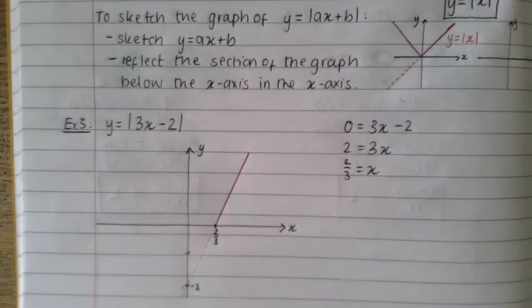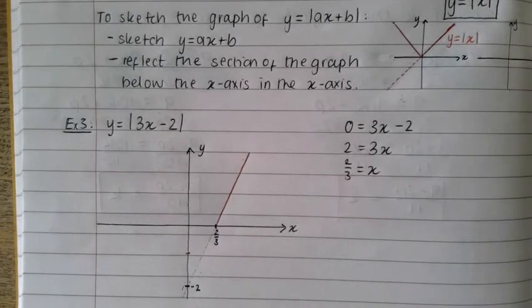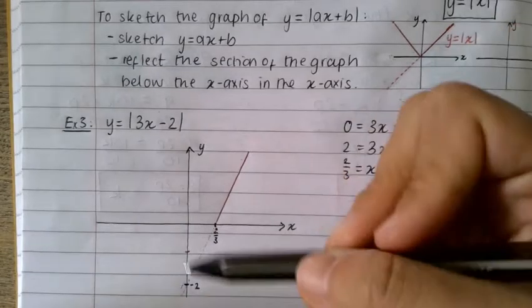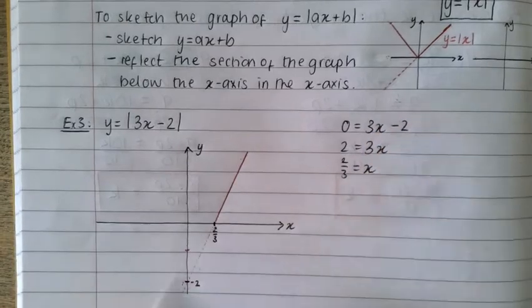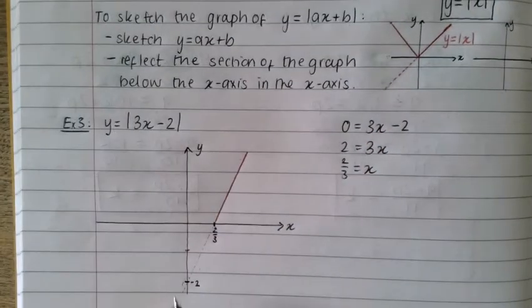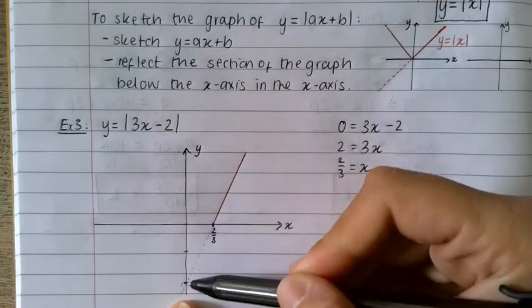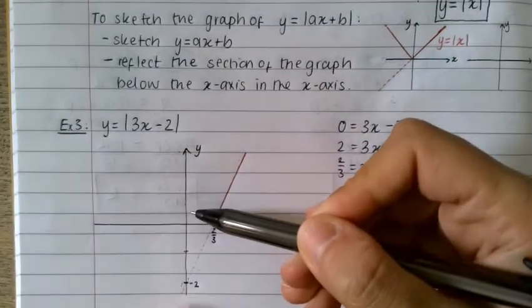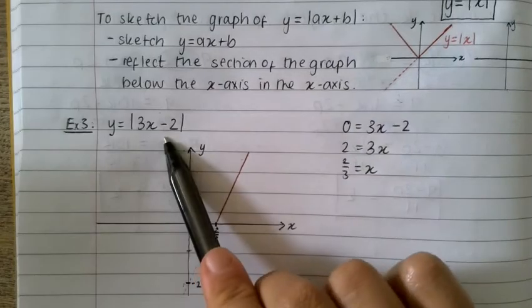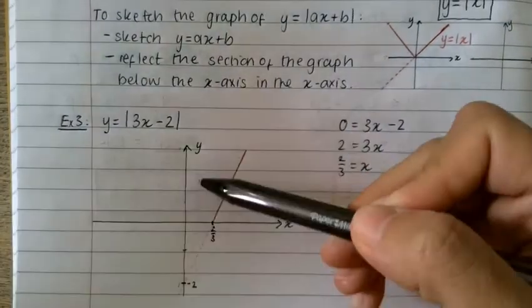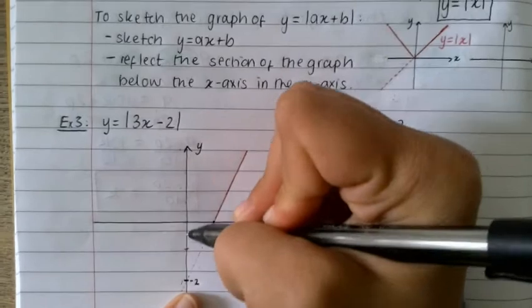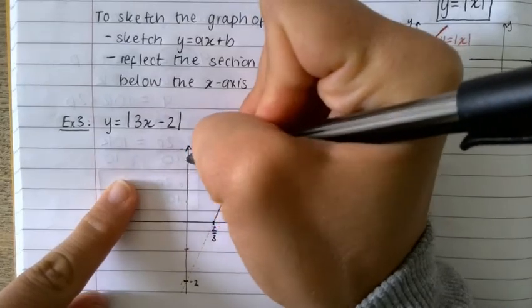Now to do the modulus of that, just to make sure this is nicely done, I can see that this end of the graph is just kind of next to the y-axis there, and I'm also going to plot that the y-intercept of this graph, the modulus of 3x minus 2, will be positive 2. And I've got that to be here-ish.